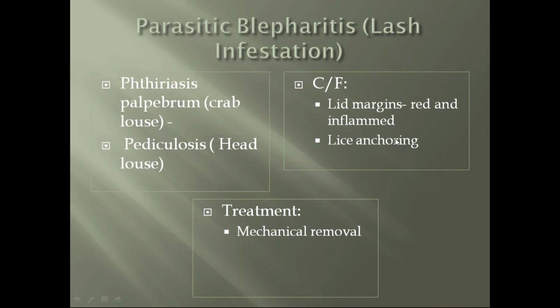The lid margins are red and inflamed, and you see these lice anchoring along the eyelashes. Treatment is to remove each of them mechanically, or to epilate the eyelashes. Sometimes drops like pilocarpine are used so that they fall off on their own, but most of the time you have to mechanically remove each parasite present along the eyelashes.